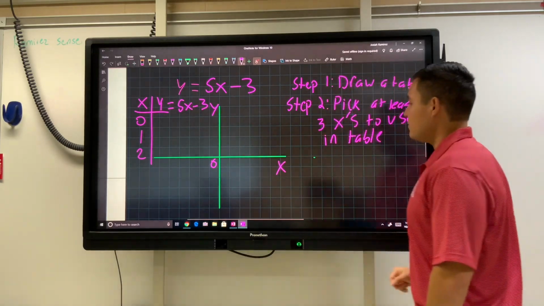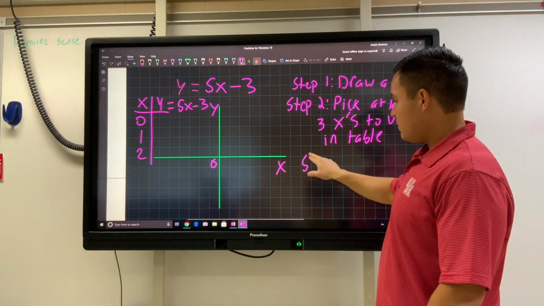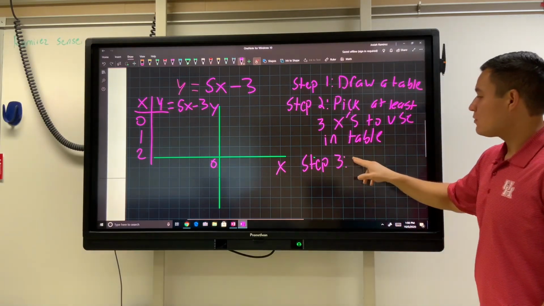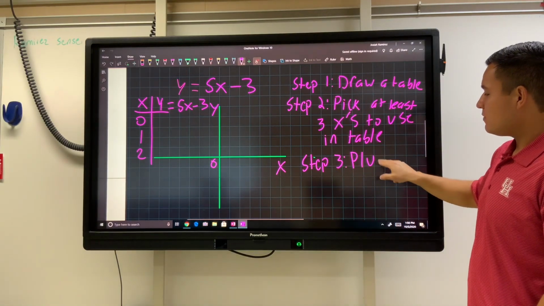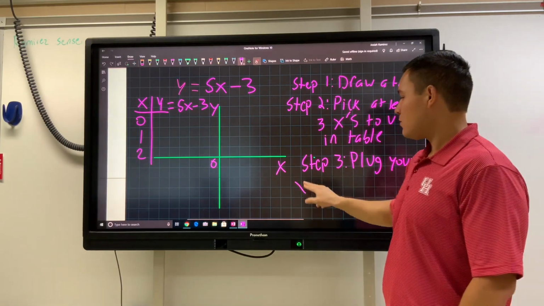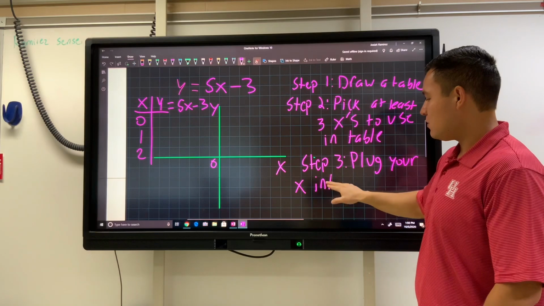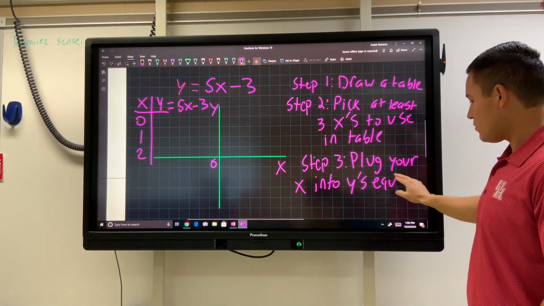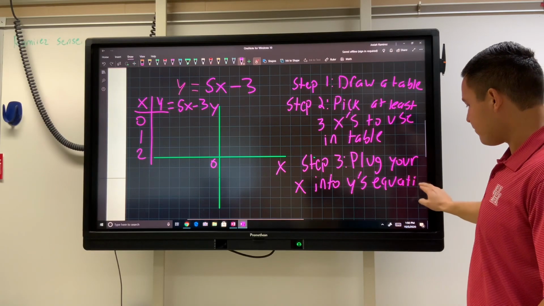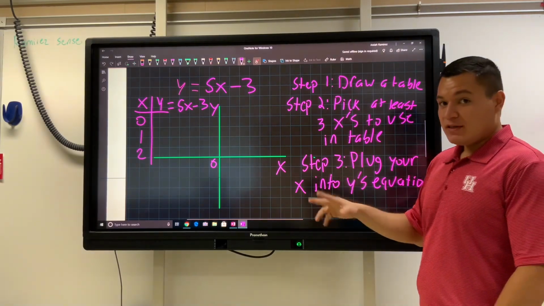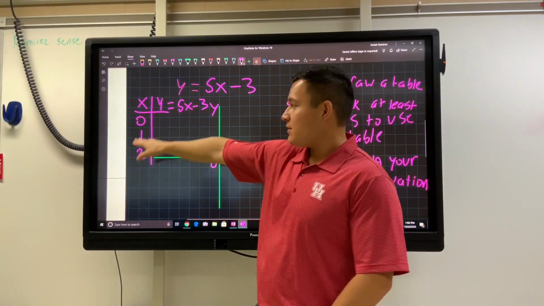5x minus 3. Step 3 is going to be plug your x into y's equation. Before you plug anything in, x is just x.